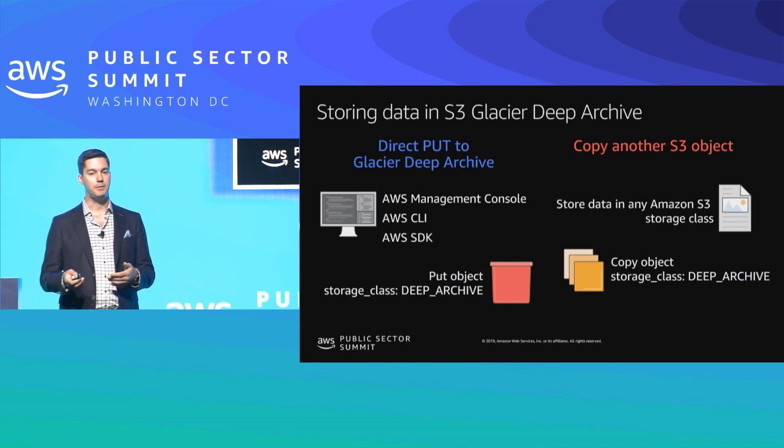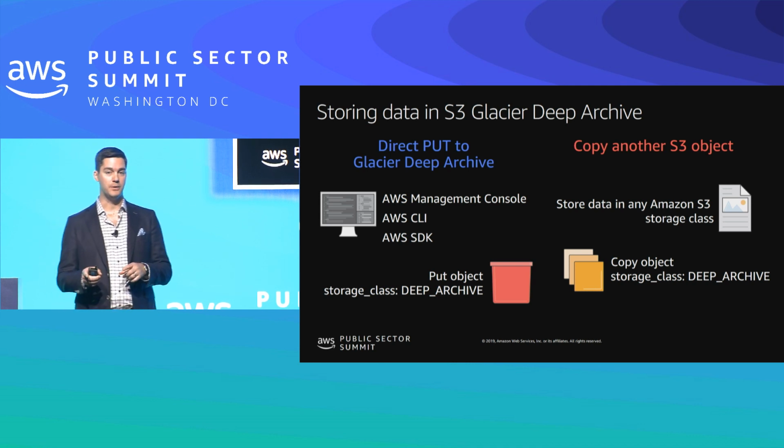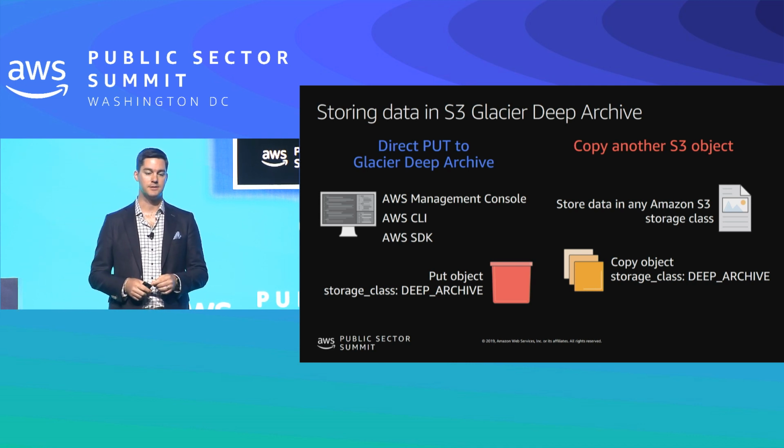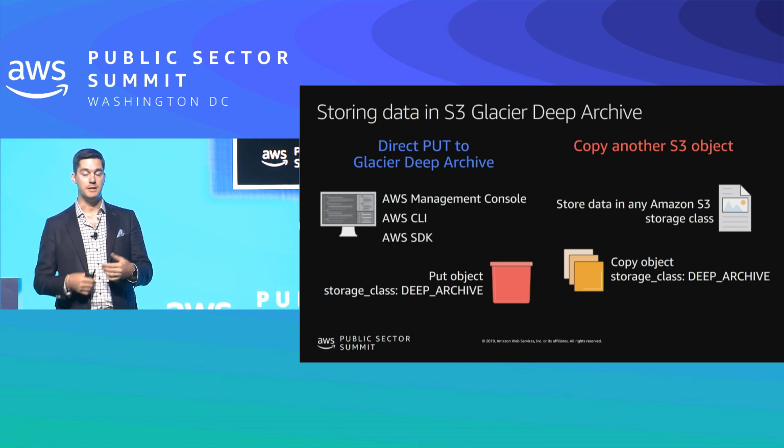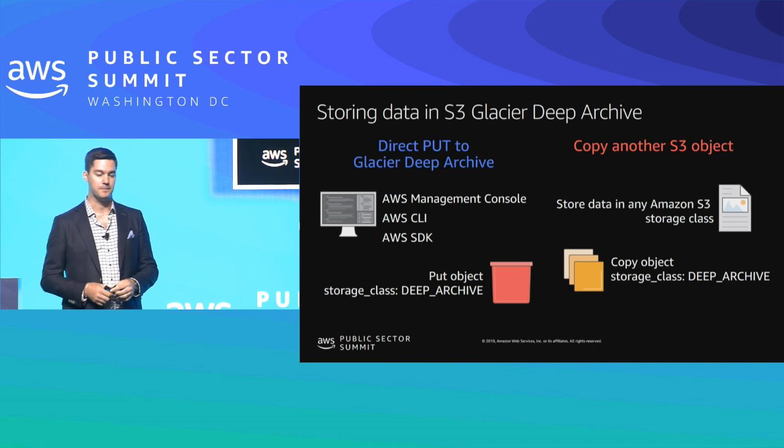So you can copy from any frequent or infrequent access S3 storage class. The one caveat I'll mention here is you cannot copy an object that's in Glacier or in Deep Archive. Because of the asynchronous nature of these classes, you'd first need to restore the objects, at which point you could make a copy.